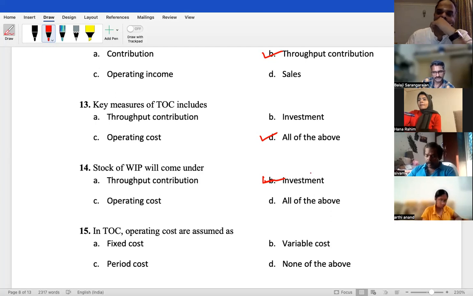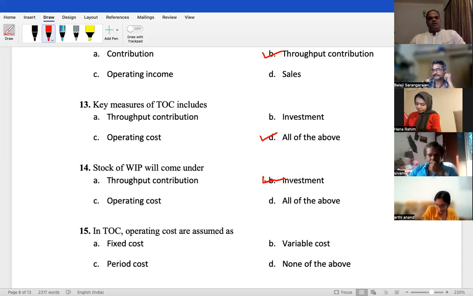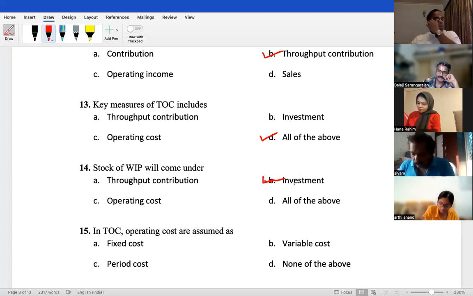Stock of raw material, investment. Raw material consumption is a throughput contribution. Easy. P&L account items other than sales and raw material are called operating costs. Balance sheet items are investments.